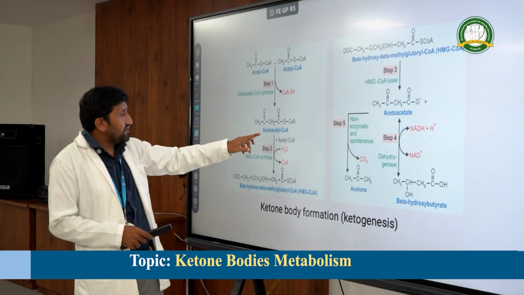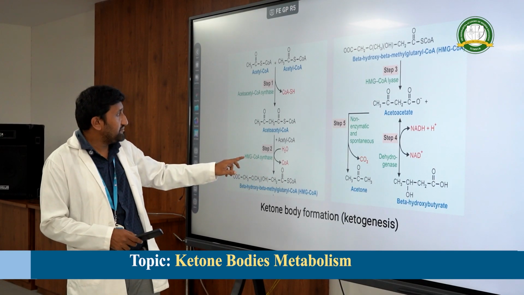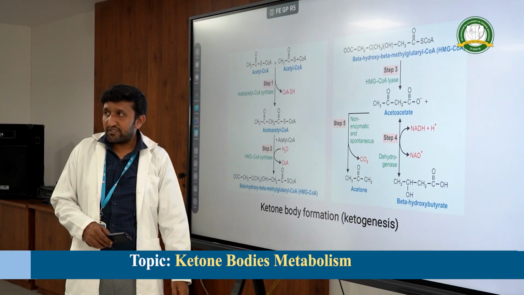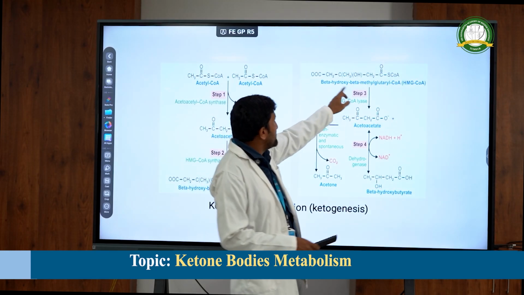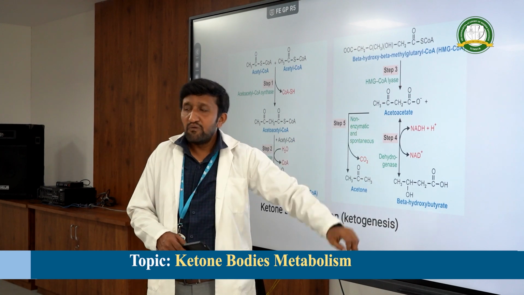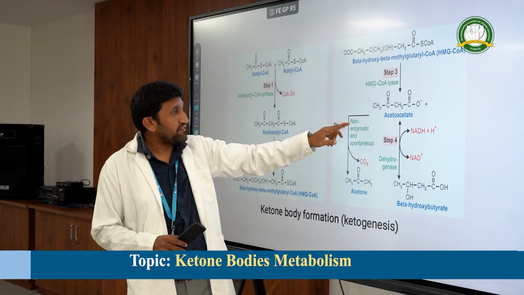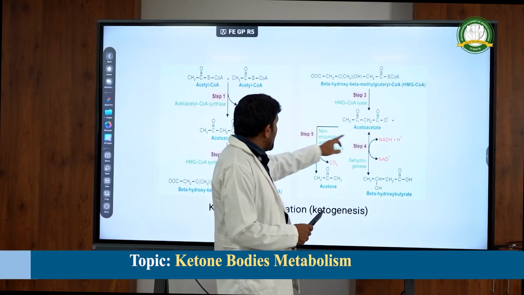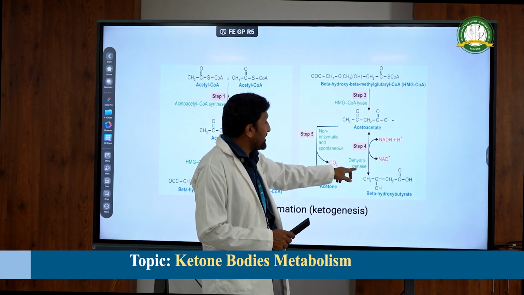In the second step, acetoacetyl CoA is converted into HMG CoA by HMG CoA synthase, where one more acetyl CoA is added. In the third step, HMG CoA is converted into acetoacetate, the first primary ketone body synthesized. Acetoacetate is converted into beta hydroxybutyrate by the enzyme dehydrogenase.